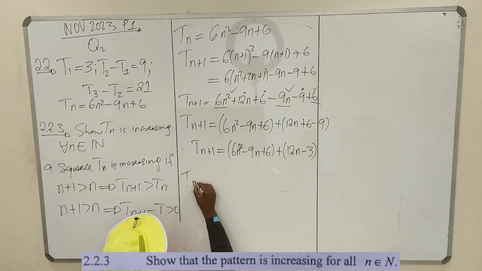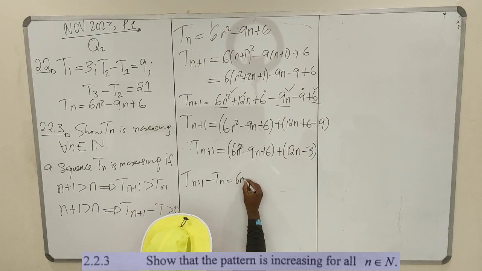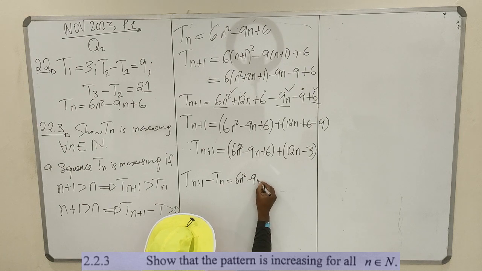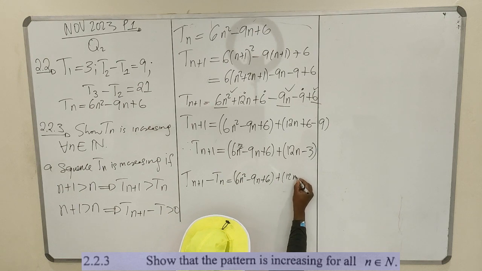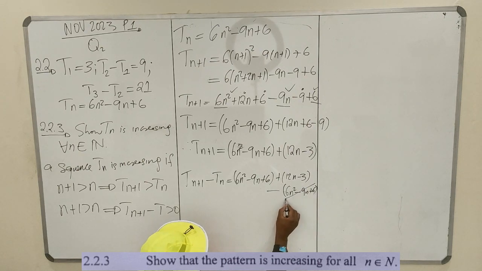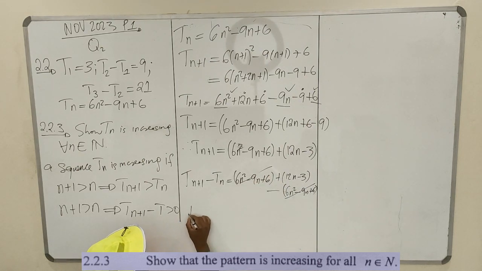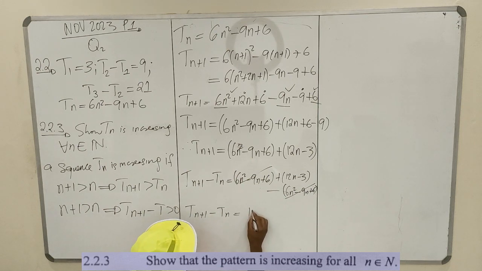Your Tn plus 1 minus Tn is equal to 6n squared minus 9n plus 6 plus 12n minus 3. Subtract what? We're subtracting 6n squared minus 9n plus 6. Then this and that go away. So Tn plus 1 minus Tn is equal to 12n minus 3.